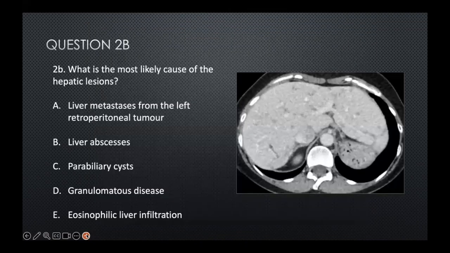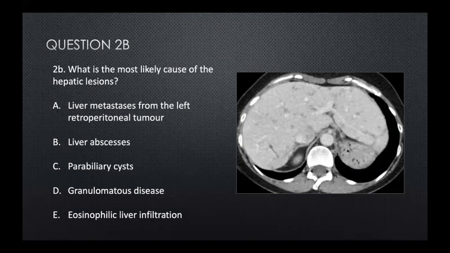So we asked the question, what is the most likely cause of the hepatic lesions? Was it liver metastases from the left retroperitoneal tumor? Were these liver abscesses? Were they parabiliary cysts? Were they granulomatous disease? Or was it eosinophilic liver infiltration?